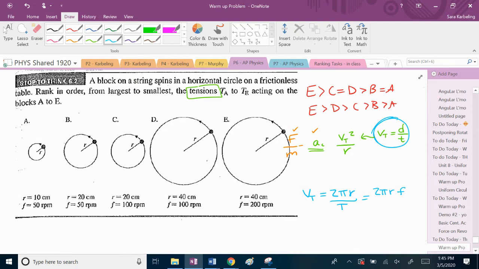Now, that might seem kind of funky. You can also think about this if you wanted to go from the angular route. You could say omega is equal to 2 pi times f. We did that a long time ago, right? And then you multiply by r to get to the translational. That works as well. If that is how your brain is working now, fantastic. We can say that omega is equal to 2 pi f.